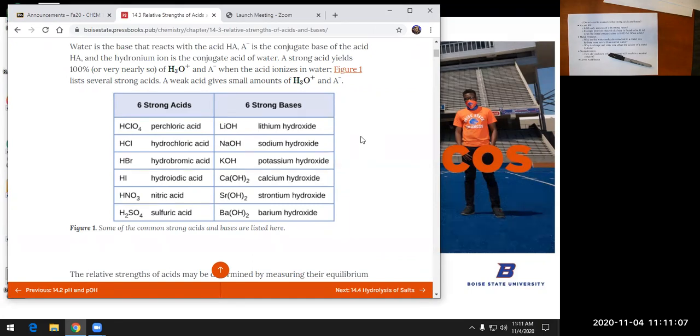I would actually reduce this to 3 and 3 in terms of the ones that I think you ought to have memorized. Hydrochloric acid, I would have memorized, nitric acid, and sulfuric acid. Those are the 3 acids that are used in the laboratory as strong acids much more commonly than anything else.